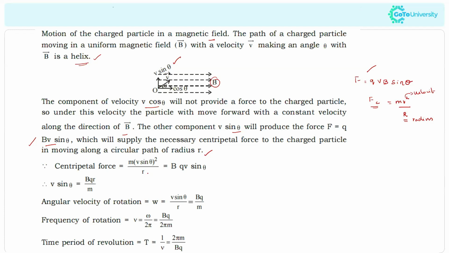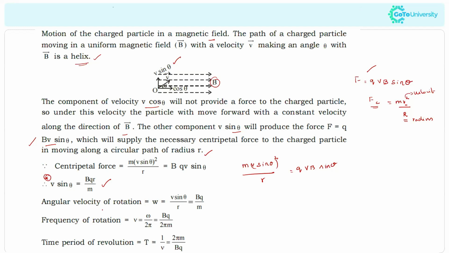So m(v sine theta) whole squared divided by r will be equal to qvB sine theta. When we simplify the similar terms, we will get v sine theta is equal to Bqr divided by m. This is a very important equation in this topic.